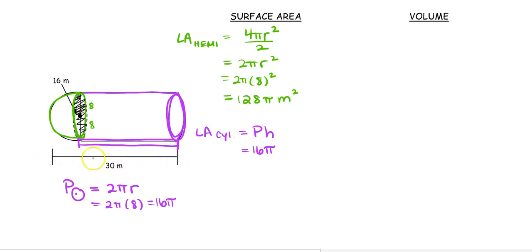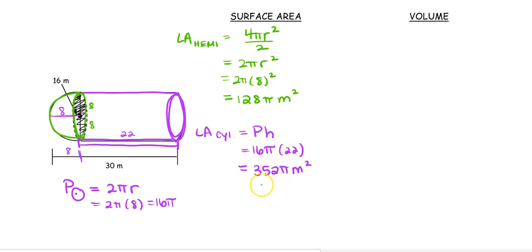The whole height is 30. But we know in a hemisphere, or in a sphere, our radius is the same in all directions. So this much right here is 8, leaving you with the height of your cylinder as 22. So it's 16 pi times 22, giving us 352 pi meters squared.